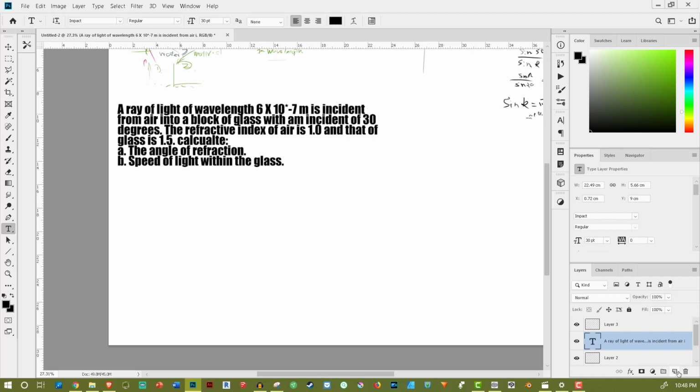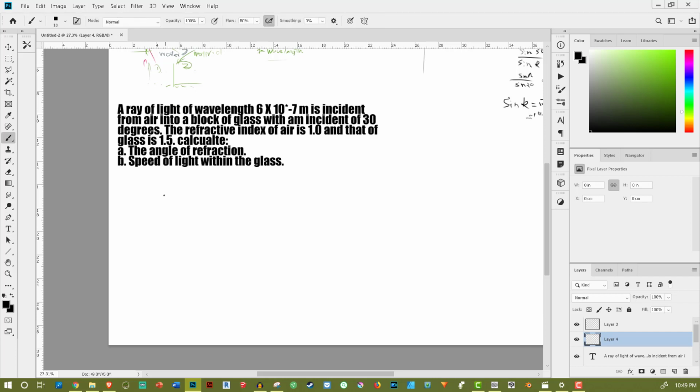So we need to start a new layer. So we know sin i over sin r is equivalent to v1 over v2.